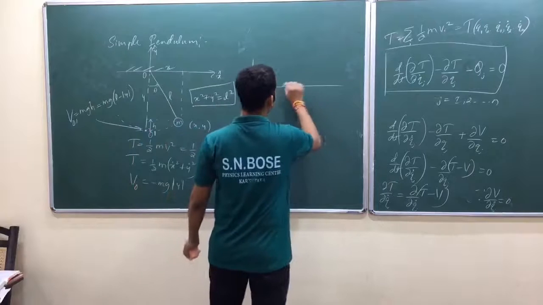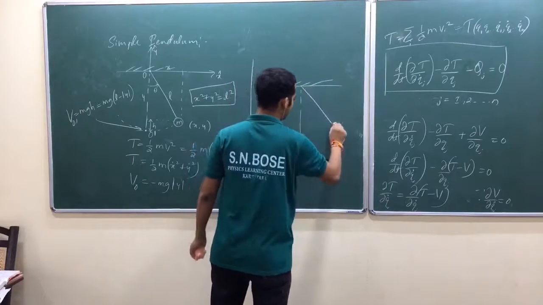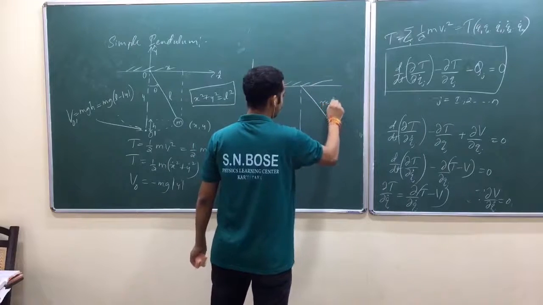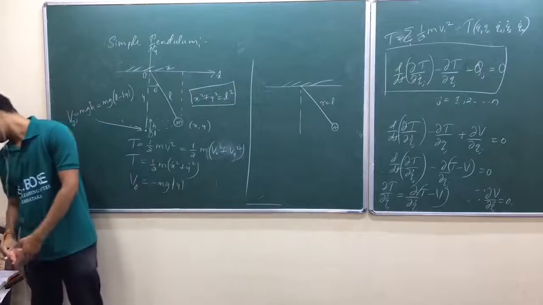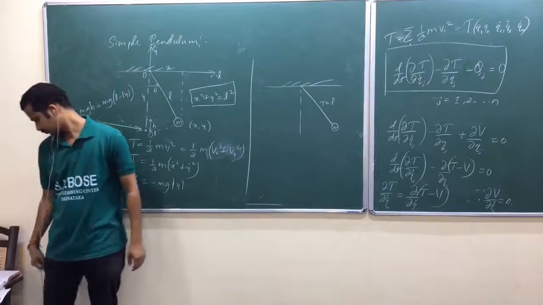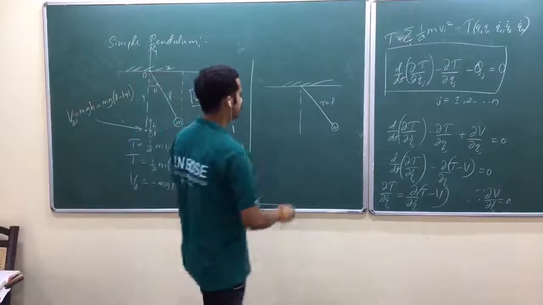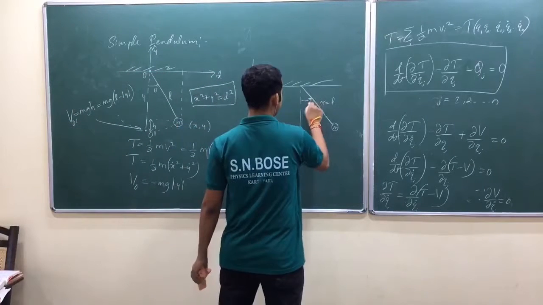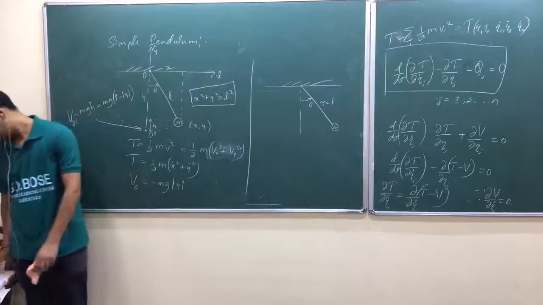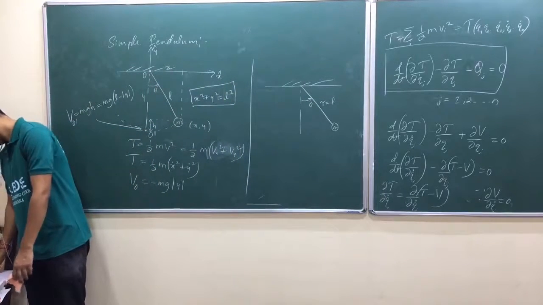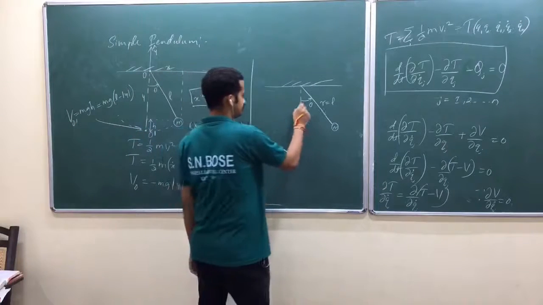Now what we do here is treat the system in the generalized coordinate where r is equal to L. So we can call this one theta, and I can call this one the initial line.